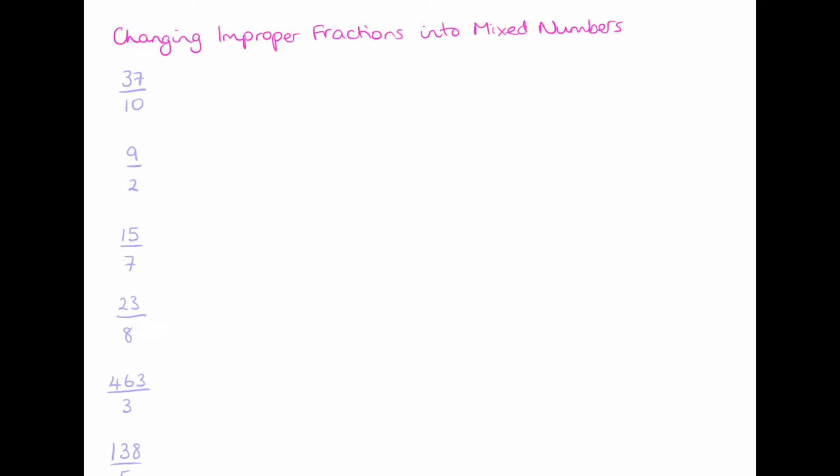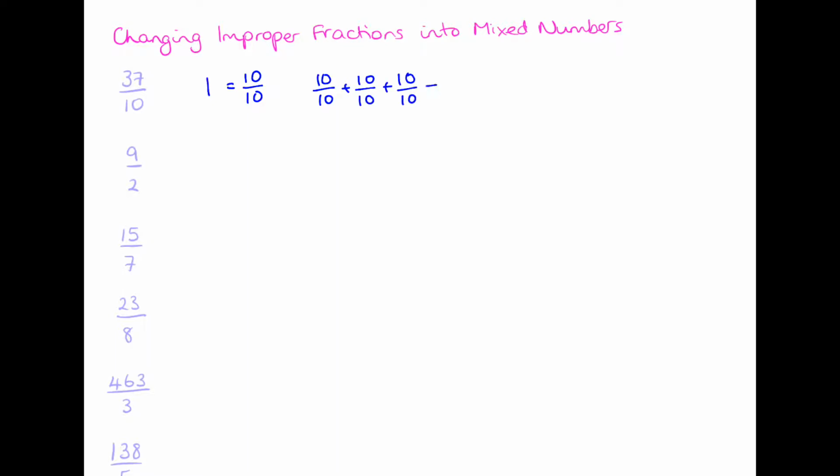Okay, so the first one is 37/10. I thought we'd stick with a nice easy number to start with. If we've got 37/10, remember that every whole one has 10/10 in it. So one whole one is 10/10. If we look at how many tens are in 37, what we've got is 10 tenths and another 10 tenths and another 10 tenths.